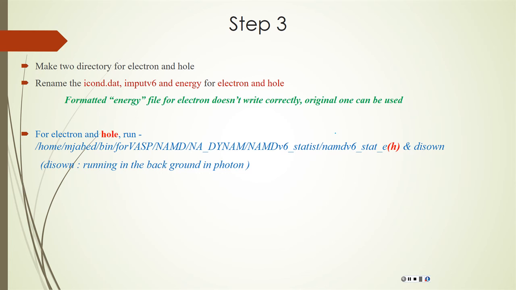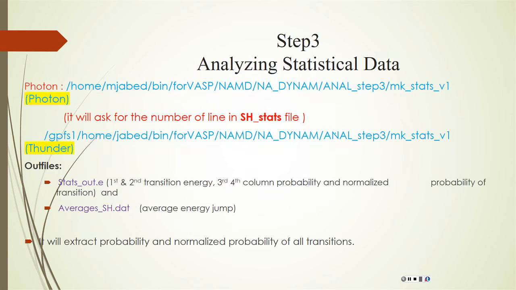So I already told you about this information. After step 3, we will get all the results, and then we need to do some post-processing. This is known as post-step 3, or just after running step 3. The first thing is to run this script.